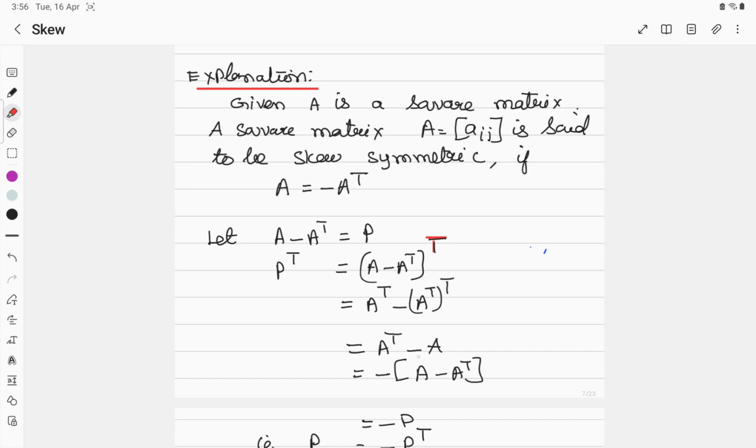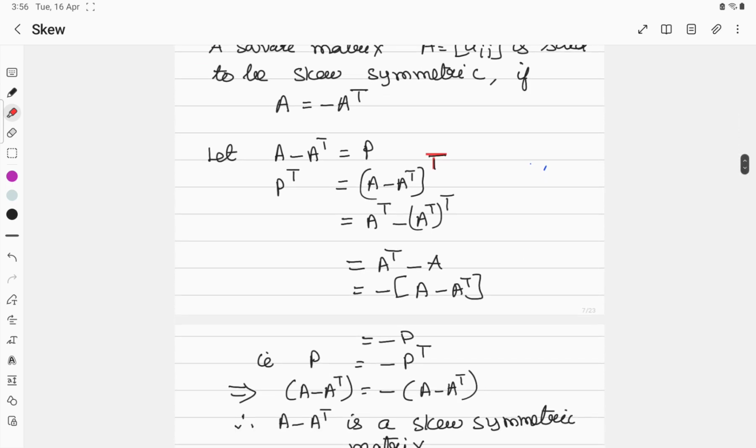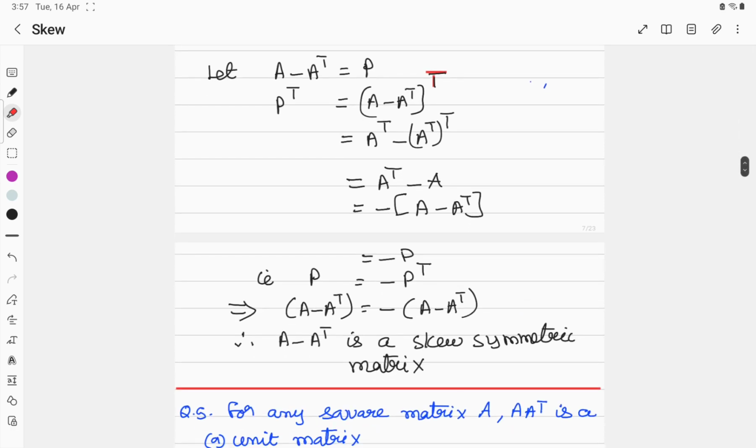So, A transpose minus A. If we take minus common, minus of A minus A transpose, that is minus P. Hence, we proved P is equal to minus P transpose. That is, A minus A transpose is equal to minus of A minus A transpose. Hence, A minus A transpose is a skew symmetric matrix.